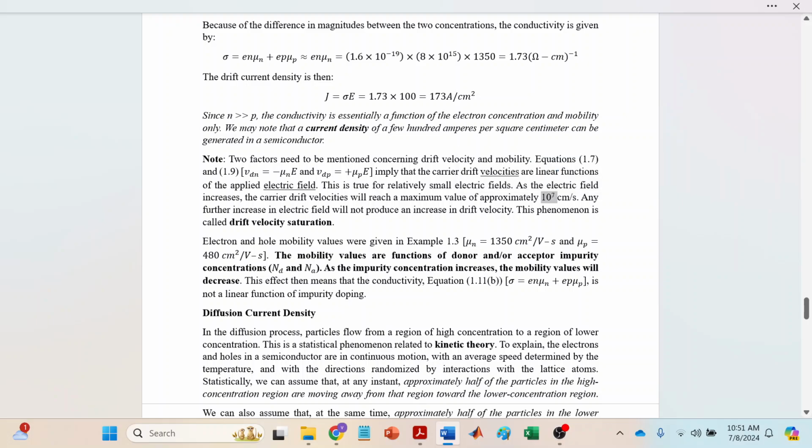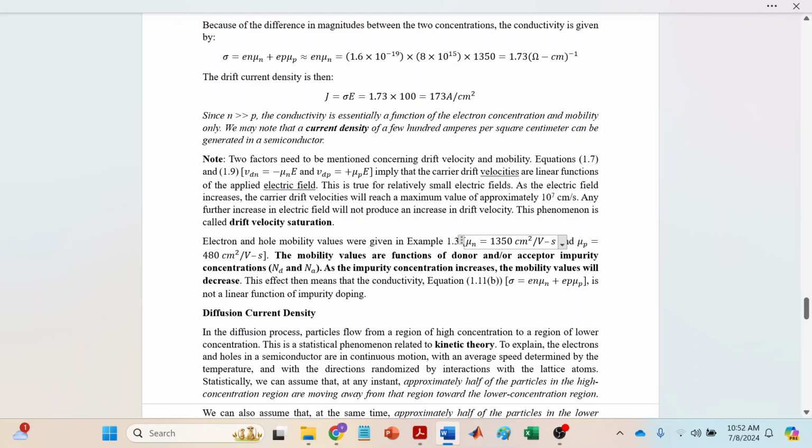Another thing to note is that the electron mobility values and the hole mobility values are functions of the donor and or acceptor impurity concentration. As the impurity concentration increases, the mobility values will decrease.